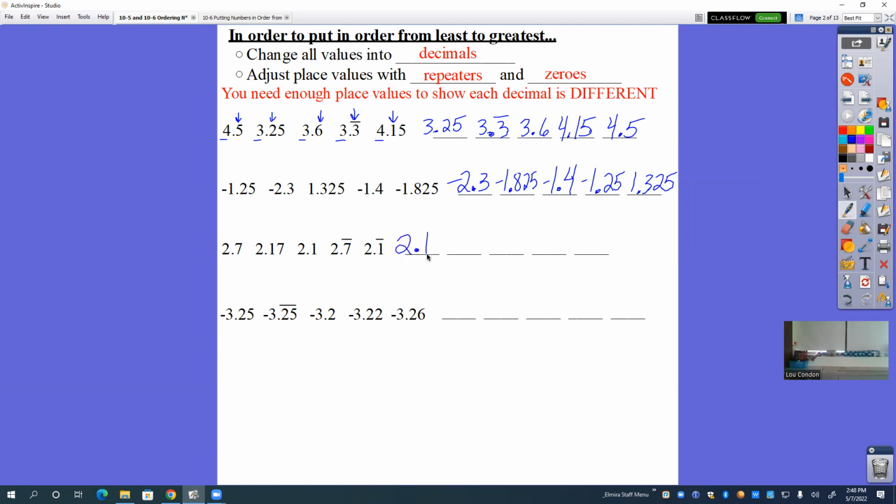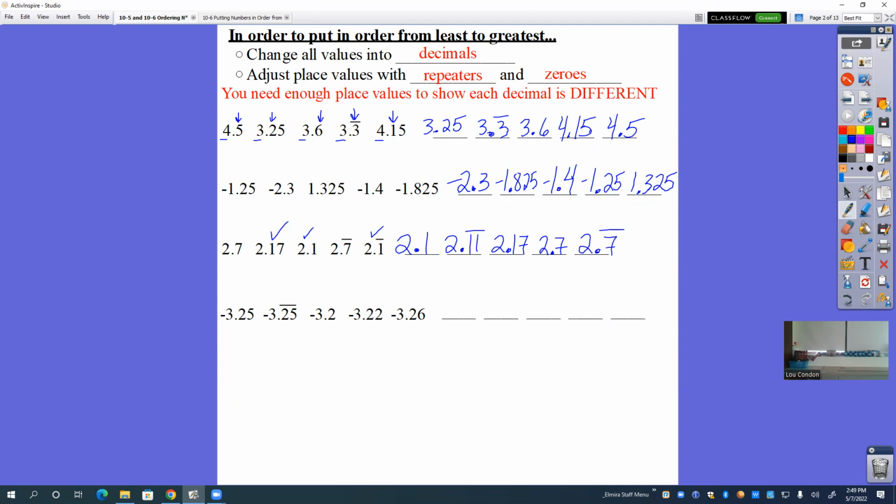So 2.1, followed by 2.1 repeating, followed by 2.17, followed by 2.7, and ending with 2.7 repeating itself.